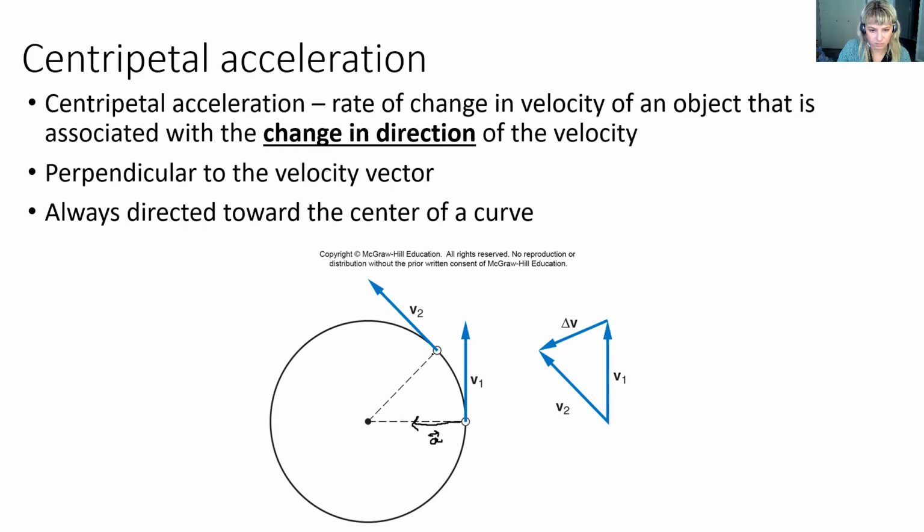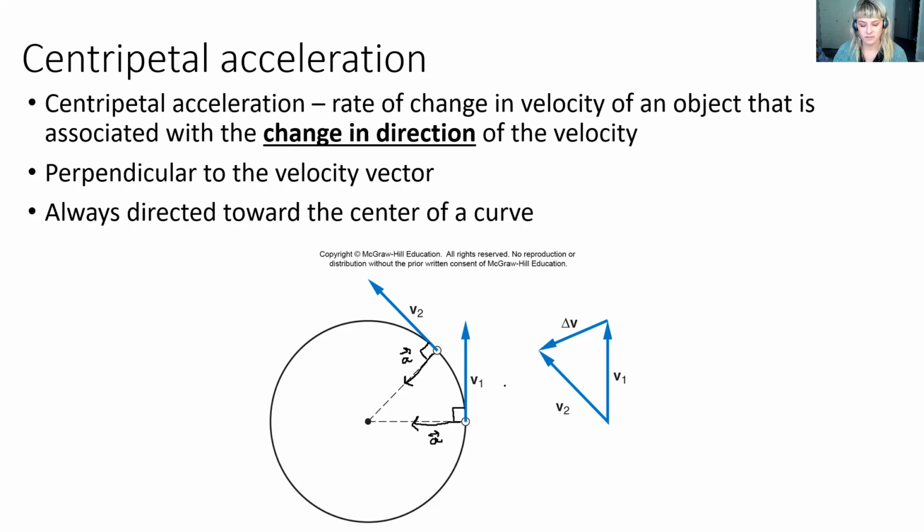At this point, it would point inward towards the center of the circle here. It's perpendicular to the velocity vector, if I'm going at a constant speed in the circle.